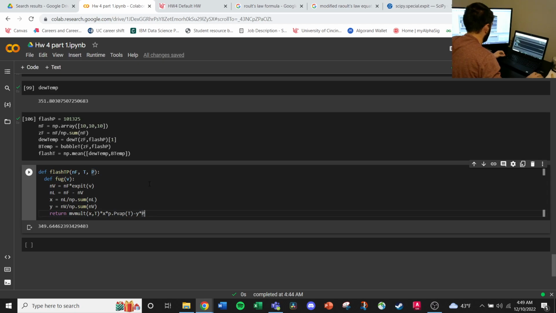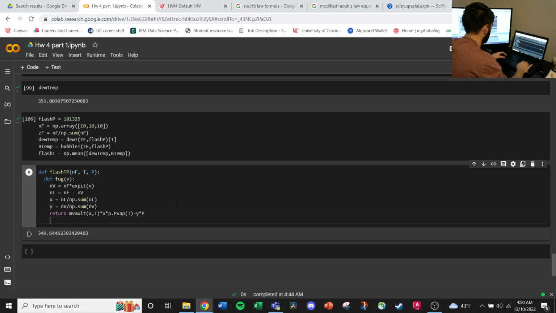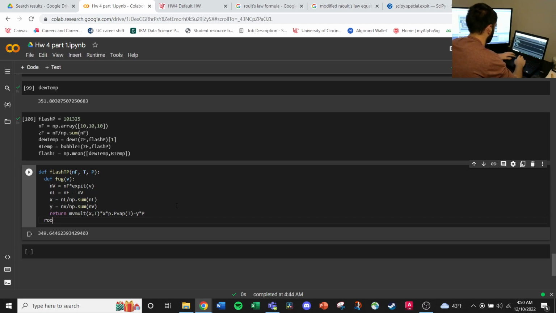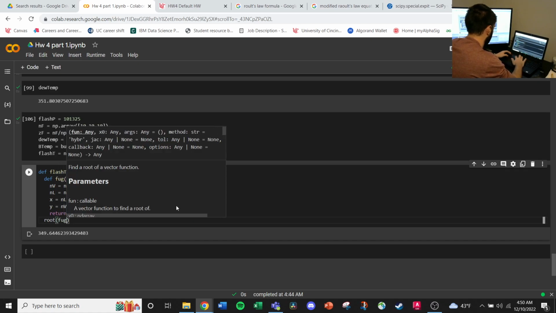Alright, so now I have that outer function that satisfies our T and our P, and our inner function, which actually returns the equation that we want to solve. And now we want to actually solve our equation. So we'll come out of that inner function and we will do a root of our function, fugacity.